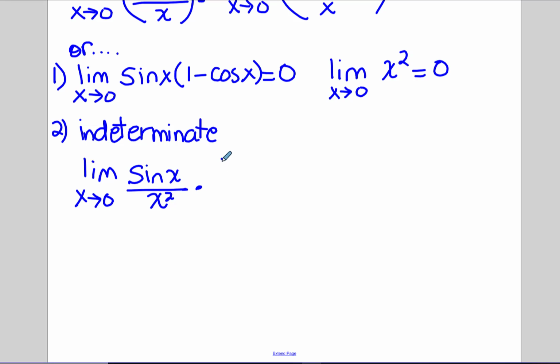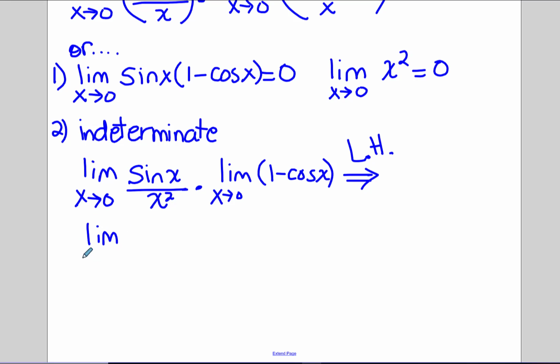Keep all of that there. And then pull the other one off, 1 minus cosine. And show that this could be rewritten using L'Hopital's rule as the derivative of sine is cosine, and the derivative of x squared is 2x.